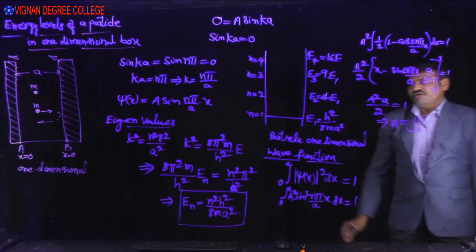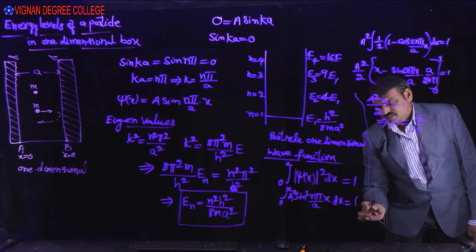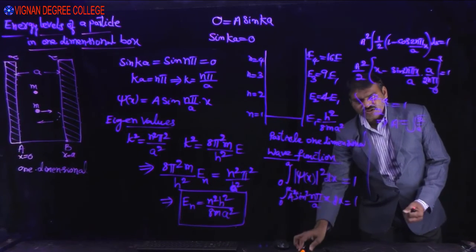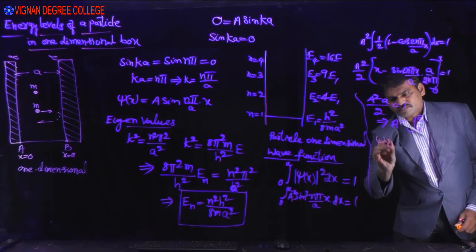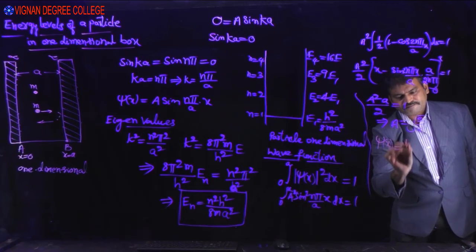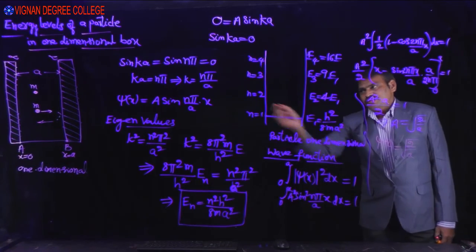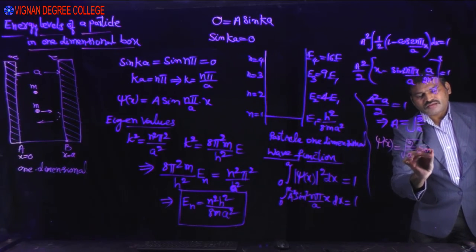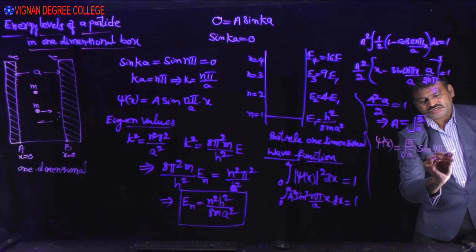Then we can write the wave function psi of x, where A is root 2 by a, then sin n pi by a into x.